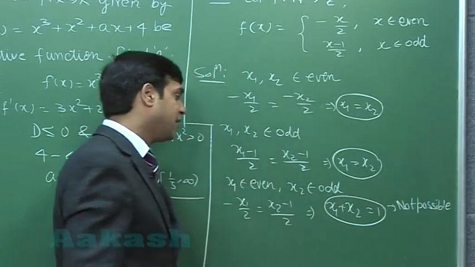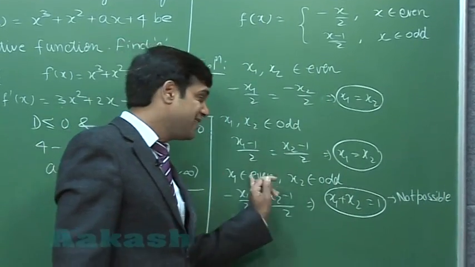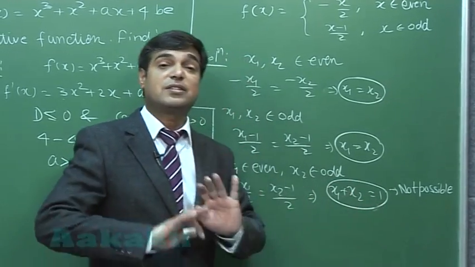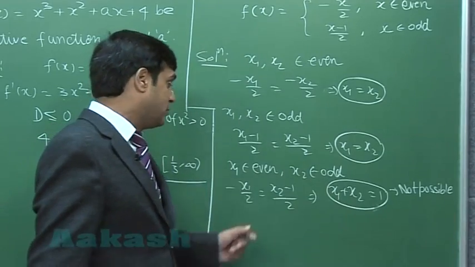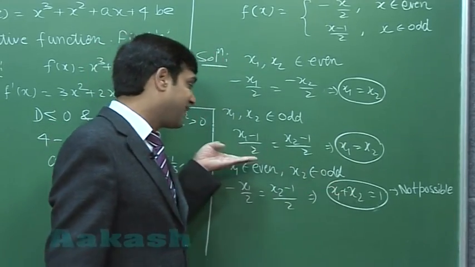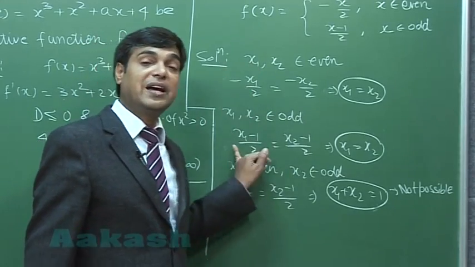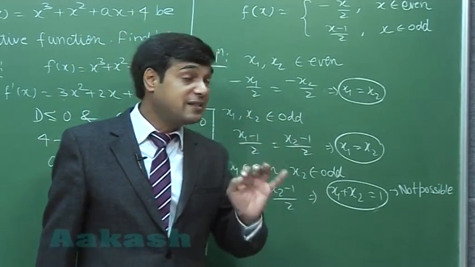Why? Because x1, x2 are from the domain, one is even, the other is odd, and the sum of the two is coming out as 1, which is not possible for two natural numbers. So we see here that the third case cannot occur. Now only two cases are there, first and second. From these two we can clearly see the function is one-one.